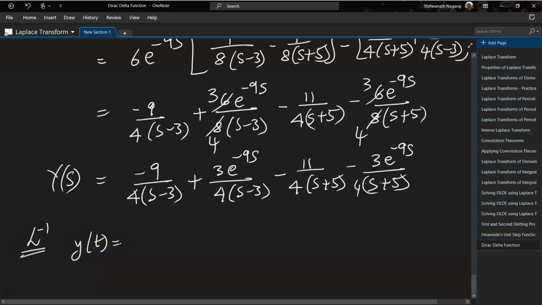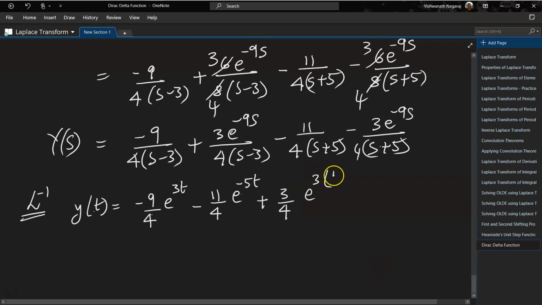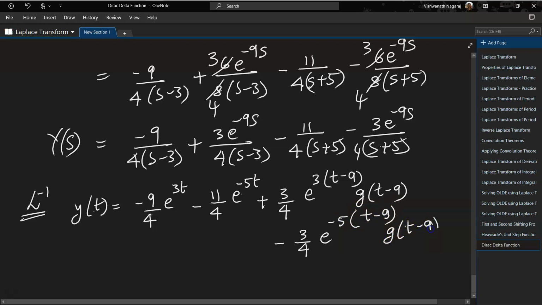This will give us y of t equal to, this is pretty straightforward, 9/4 e^(3t), and similarly 11/4 e^(−5t). Now the second term: plus 3/4 e^(3(t − 9)) times the Heaviside function u(t − 9), which is the unit step related Laplace transform, and minus 3/4 e^(−5(t − 9)) times u(t − 9).